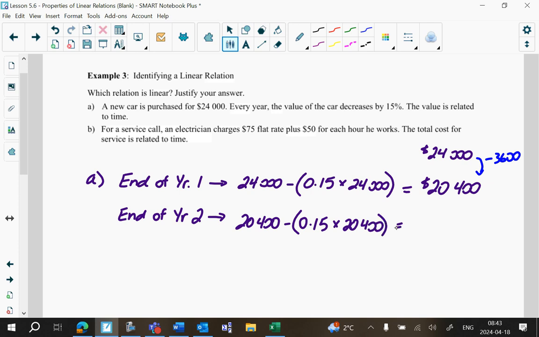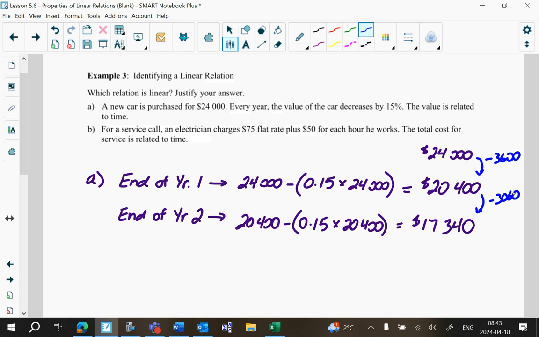That will give us the value of the car after 2 years. So when we calculate that, we get $17,340. You should be able to see that's not the same amount. In fact, it actually goes down by $3,060, not $3,600.